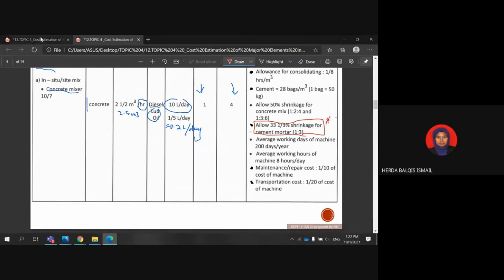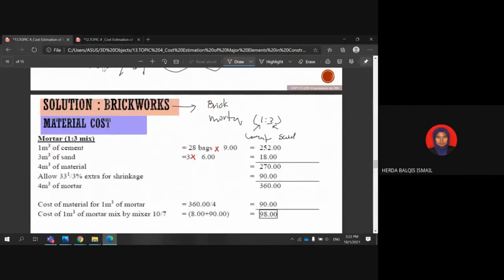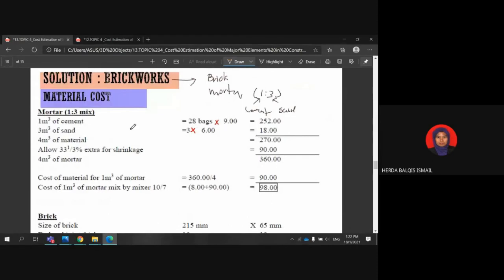Same as the calculation of the concrete, you need to calculate the cost per cubic meter of materials when you mix all the ingredients. So one portion of cement, 3 portions of sand, you total up and get 4 portions of material.